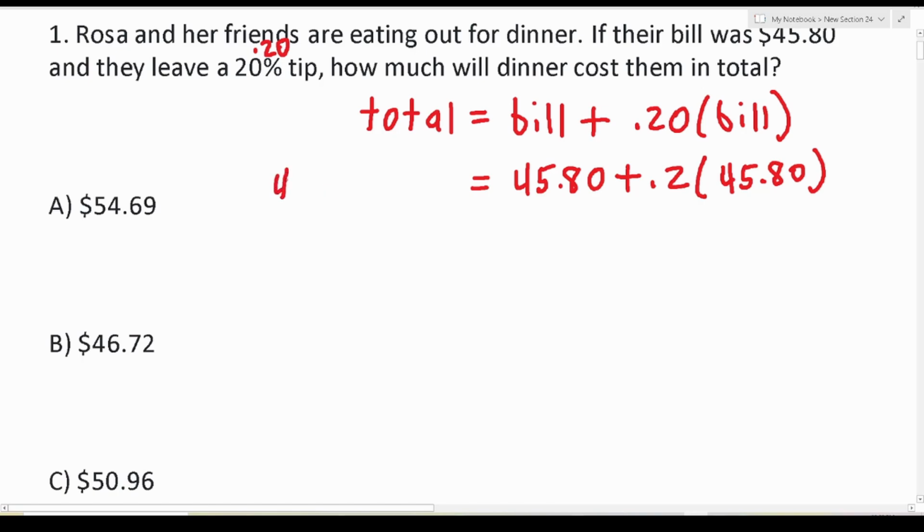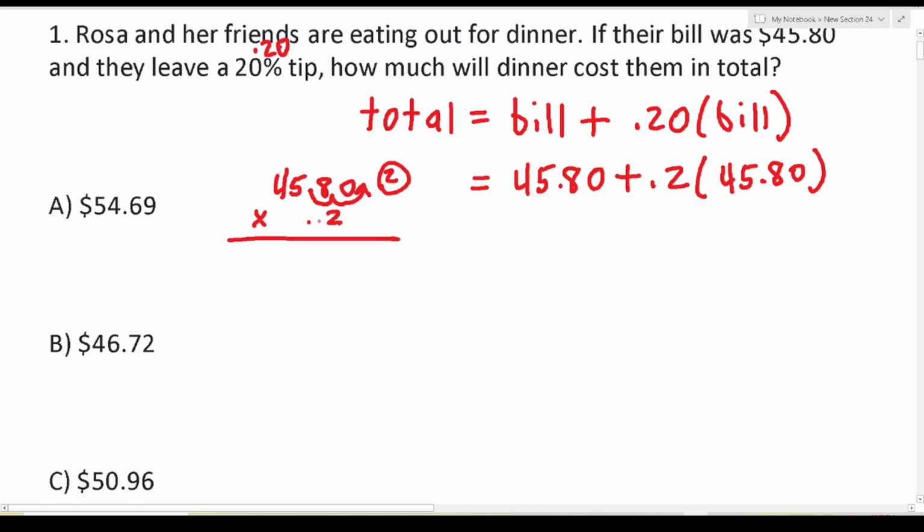So it's going to be $45.80 times 0.2. And as you can see, we're multiplying 2 decimals together, notably 45.80 times 0.2. In order to make this math a little bit easier, I want to get rid of these decimals completely. So I'm going to take this decimal in 45.80 and shift it 2 times to the right.